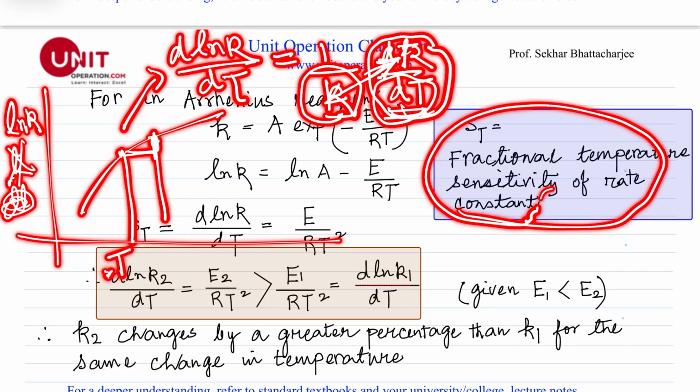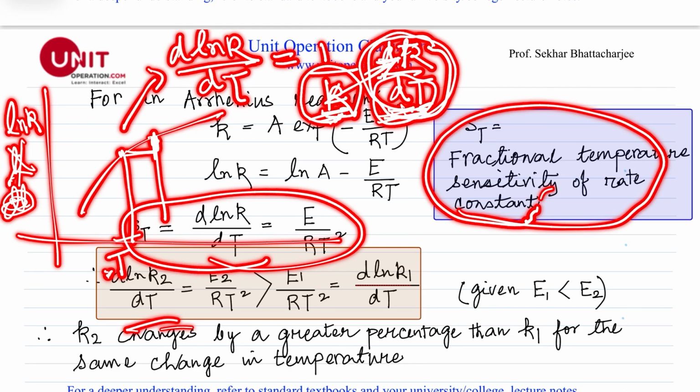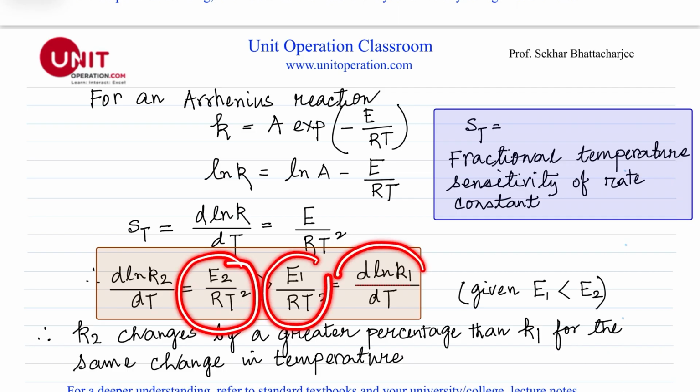That means how much the K value changes per unit temperature rise, divided by the current value of K. So this is almost like a percentage change in K. So this is my temperature sensitivity. That's the way we define it. Of course, for reaction 2, it would be E2 over RT squared, and for reaction 1, it would be E1 over RT squared.